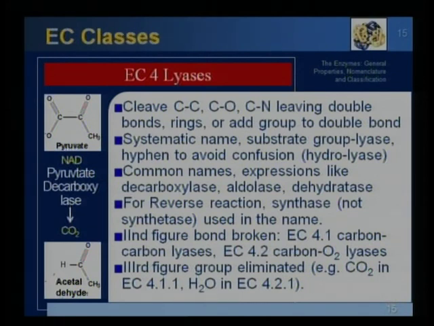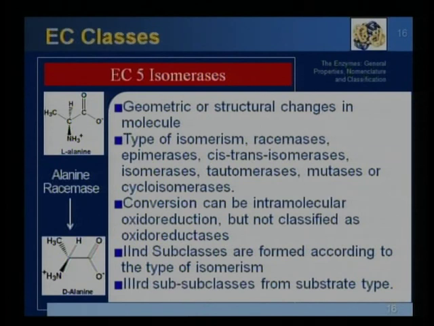If carbon dioxide is to be removed, then it is 4.1.1. If water is removed, then it is 4.2.1, etc. So, following the list which is prepared by the EC Commission, the second and third digit numbers are accordingly given by the Commission. The another class is isomerase.